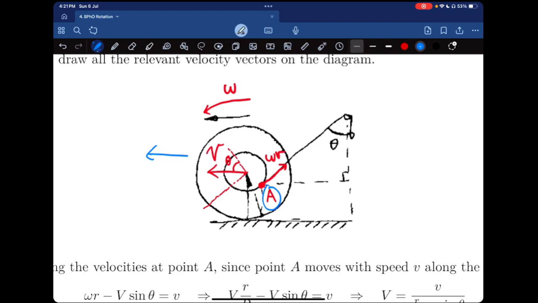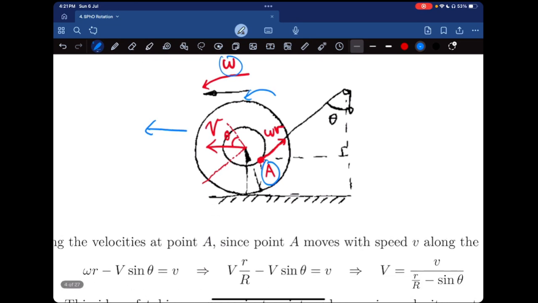The cylinder is moving this way, which means that it is rotating this way for it to move this way. And you can write the rotational velocity caused by the rotation at this point A, and is given by this vector here, which is omega small r.